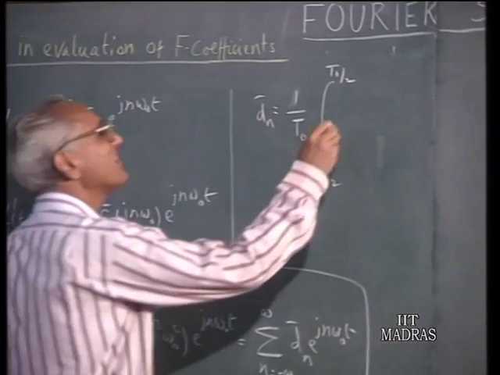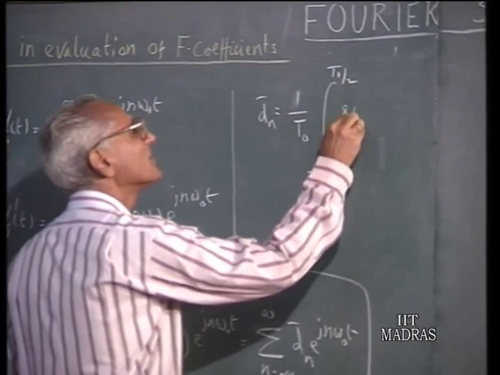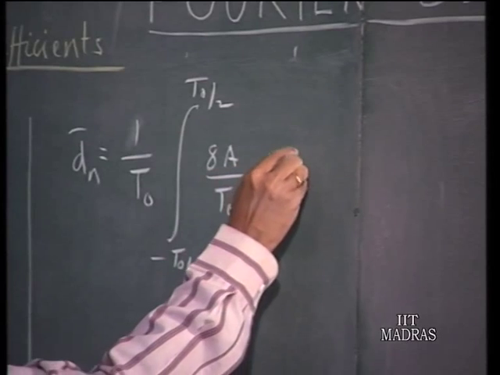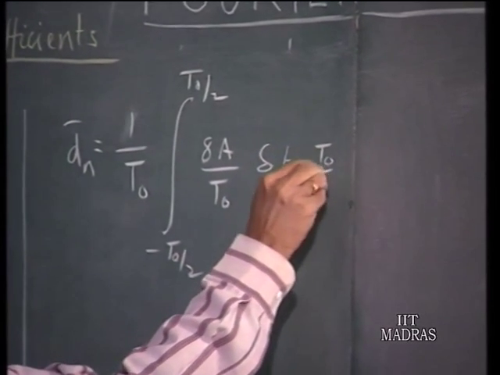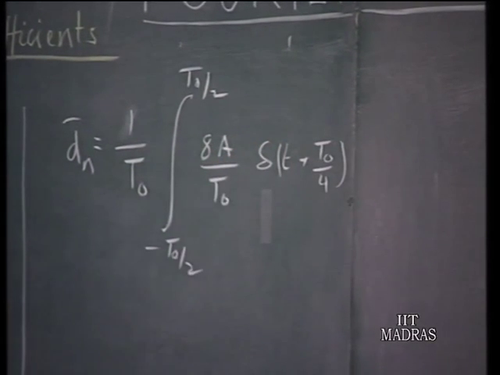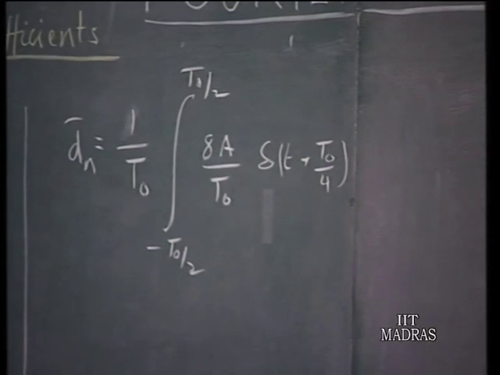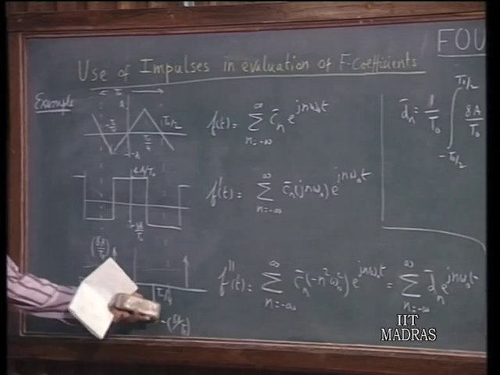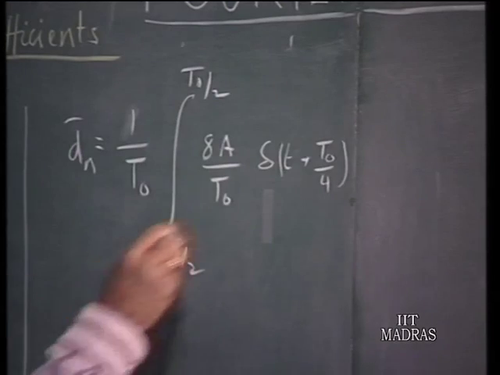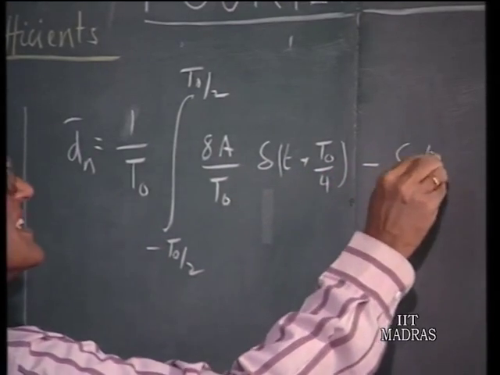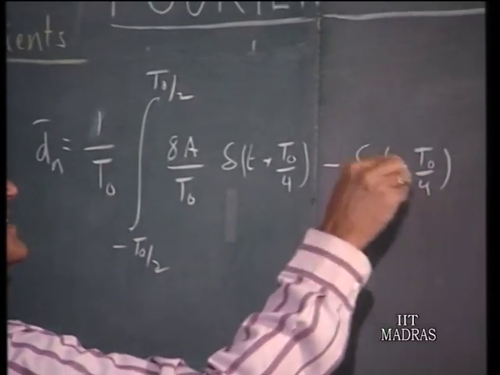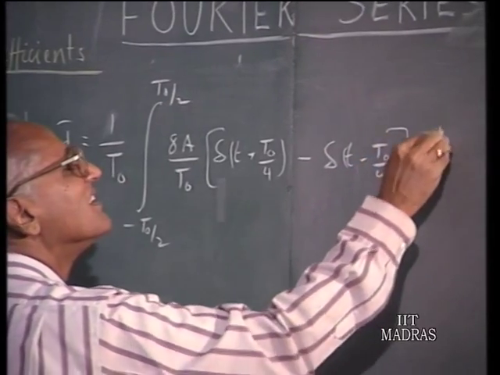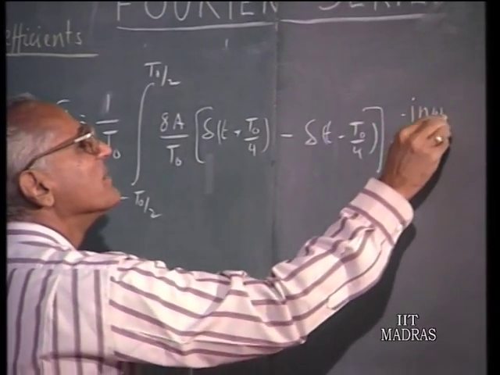So one delta function of magnitude 8a upon t naught, delta t plus t naught upon 4, that is this delta here at negative values of time, and another delta function at t naught upon 4 with a negative sign, therefore minus delta t minus t naught upon 4, times e to the power of minus Jn omega naught t dt.